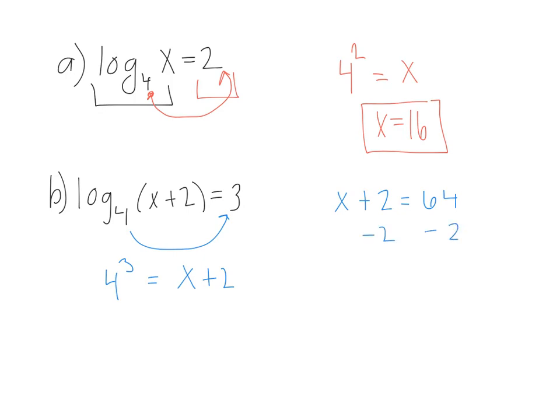Subtract the 2 over and we get x is equal to 62. Now let's check and make sure that works with our domain. So if I plug x equals 62 back in, 62 plus 2 is a positive number. So that solution checks out. You just need to make sure that inside your logarithm you have a positive number, meaning that you cannot have 0 and you cannot have a negative.